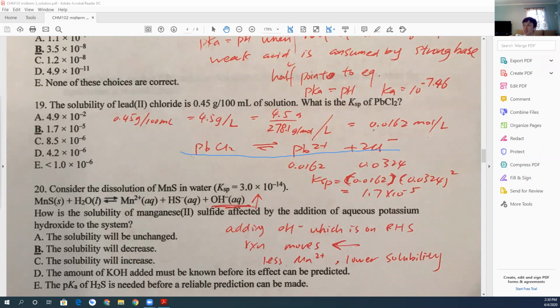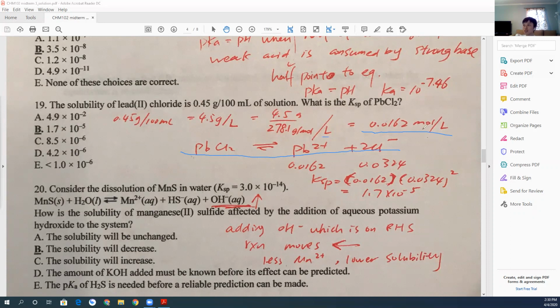That gives you 0.0162 mole. Notice here I multiplied this solubility by 10 on both the numerator and denominator. I convert the 100 milliliters to 1 liter, and so 0.45 becomes 4.5.